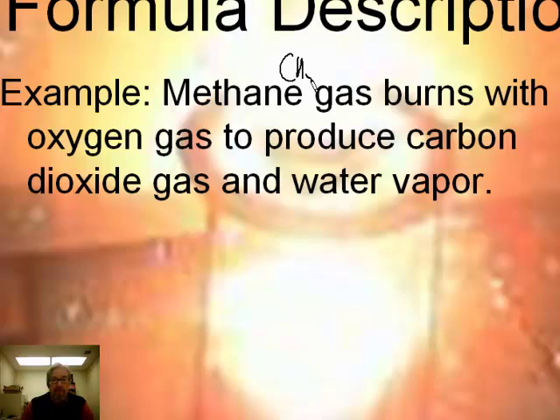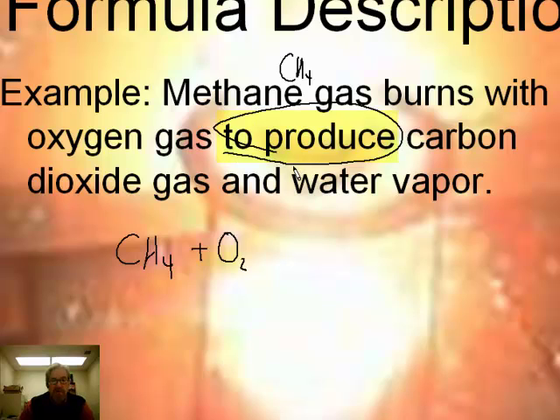So I'd write CH4 burns with, well, that means there's another reactant, so I'll put a plus sign to separate them, oxygen gas. Oxygen is a diatomic, so O2. To produce, so there's words that indicate change, so I'll put my arrow in there to symbolize that. Carbon dioxide gas, prefix di means two, so carbon dioxide, CO2, and water vapor.